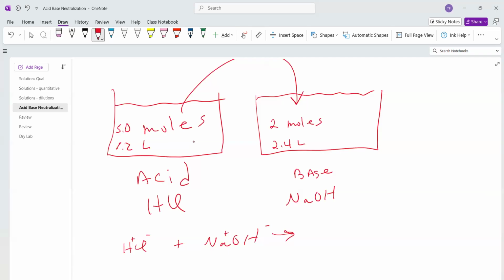Remember, because these are strong bases, strong acids, they don't exist separately. So when we put those together, the H and the OH create water, hence the neutralization part, plus what's left over, which is sodium and chloride.